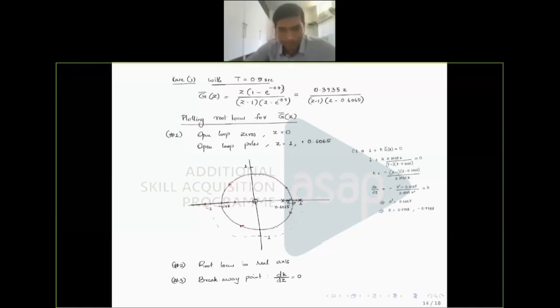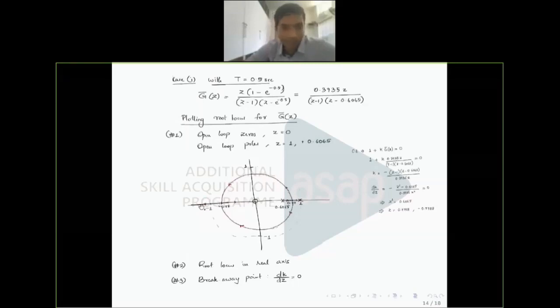If you check this region, you have only one pole, hence it is an odd number, and this region is a root locus region. If you check this particular region, there is an even number, hence it is not a region in the root locus plot. If you look at this region, it has 3 poles and zeros, hence it is odd, and this also is a root locus region.